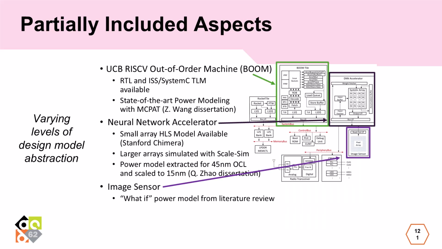Then to make this look more like a system on a chip, we added a number of other modules in various stages of planning. We added a larger processor to do the actual hard calculation. For that, we used the Berkeley out-of-order machine, a neural network accelerator to help with inference, an image sensor model, and memories and the like.